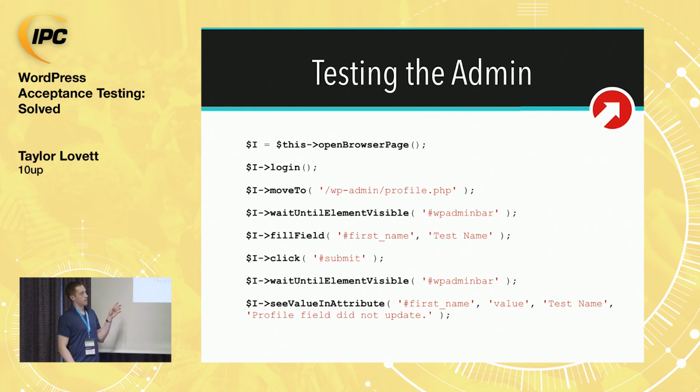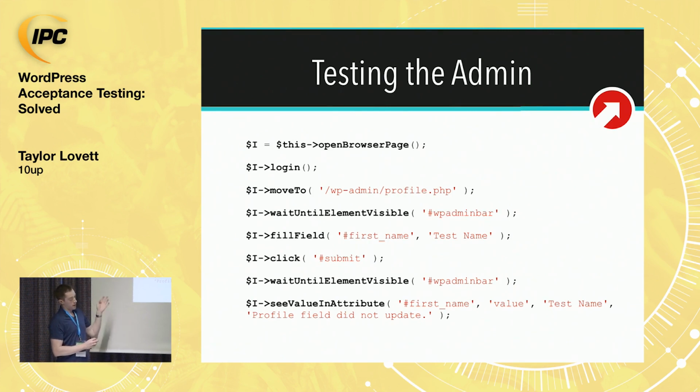Next, I is calling fillField. So we're filling an input field, the first name field, and we're putting in a test name. Then we are clicking submit. That is clicking the save button on the profile and saving the information that we've put in.